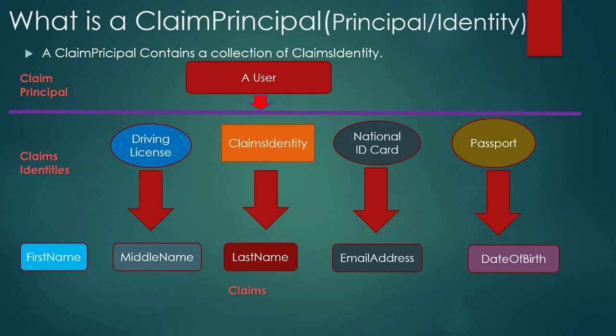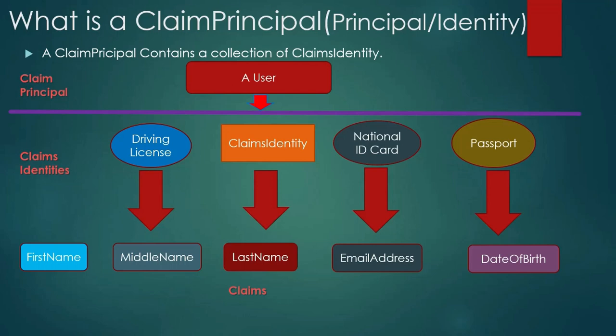A driving license is a claims identity with claims like first name, last name, date of birth, and the DL number. A passport is another claims identity, which has claims like first name, last name, address, and the passport number. So both identify the same user.